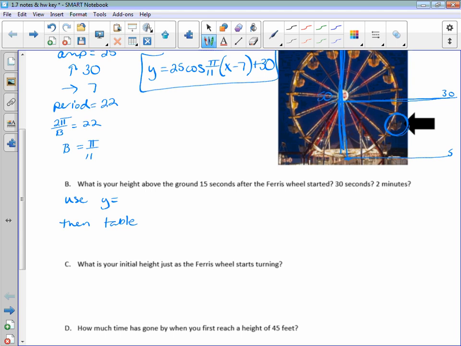Make sure you've got enough parentheses depending on what type of calculator. And then when you go to your table, you can actually change where it's going to start. If you push second window, it gives you that option. So you can start at 15 or you can start at 30.